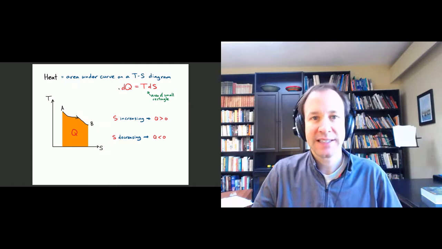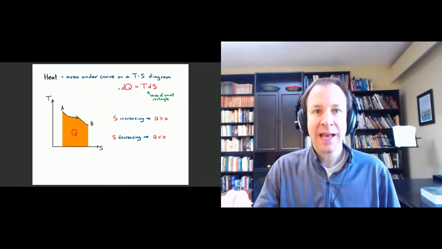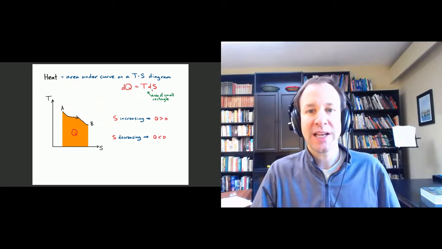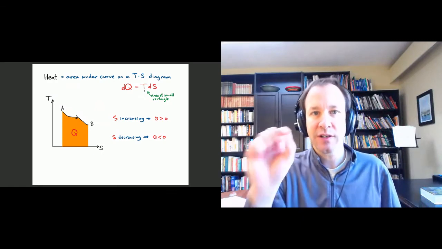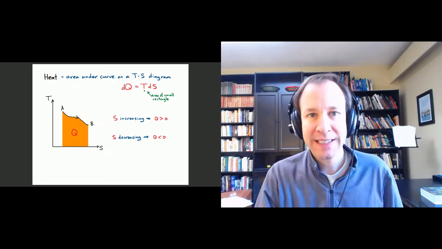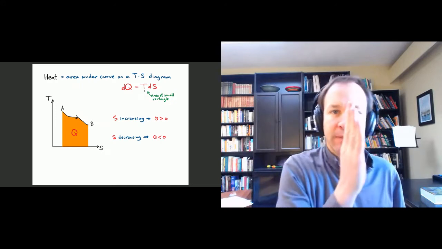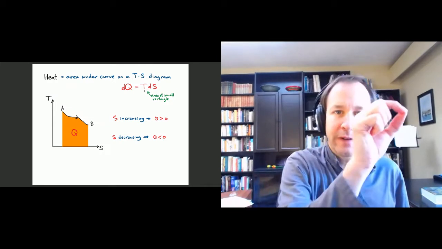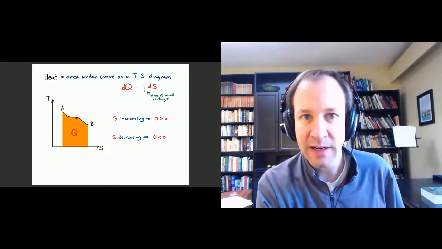So in our previous example, we had constant temperature, and that area was just the area of a rectangle. In general, the temperature could be changing during your process, and then what we'd need to do to calculate heat would be to break the process up into many different parts, where for each part, the temperature doesn't change very much.